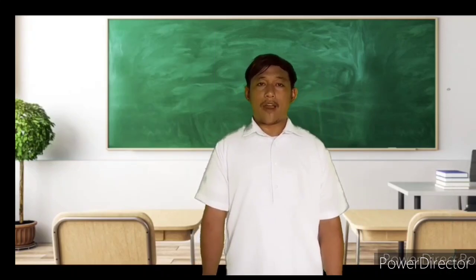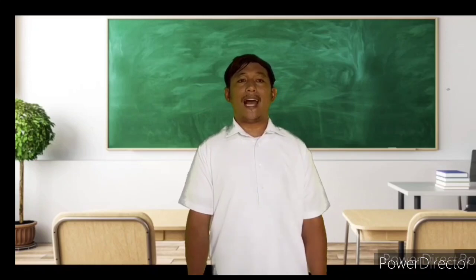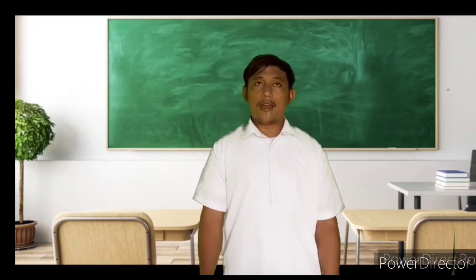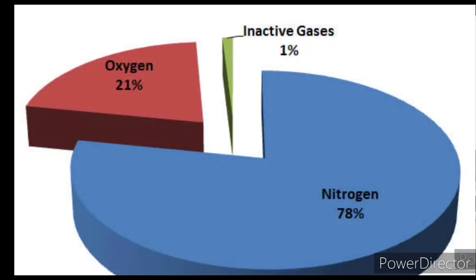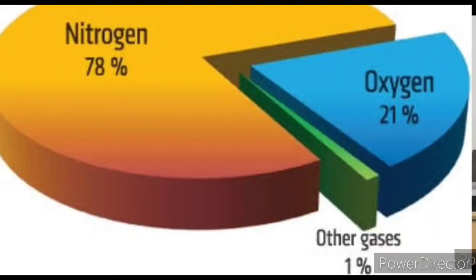Air in the atmosphere is a mixture of different gases that we cannot see but we can feel. It is made up of 78% nitrogen, 21% oxygen, and a small amount of carbon dioxide, neon, and hydrogen.